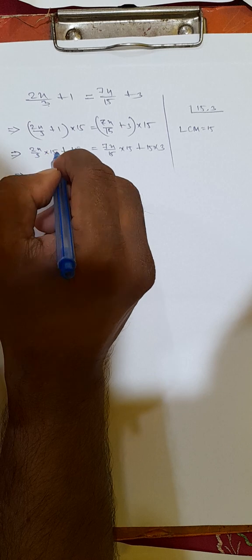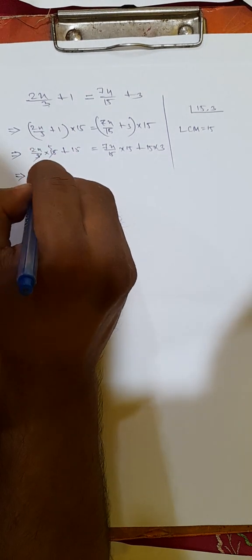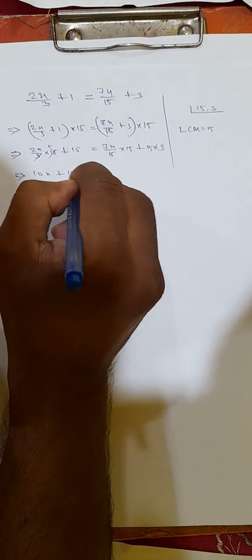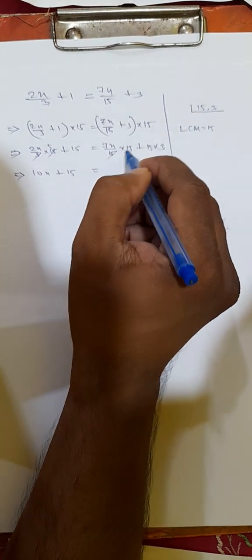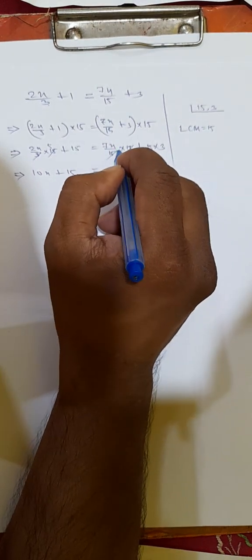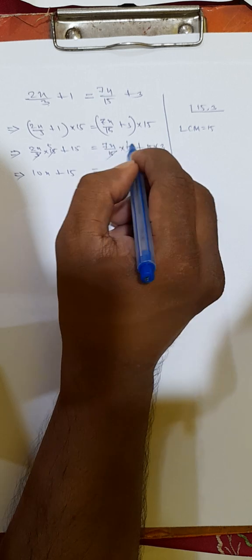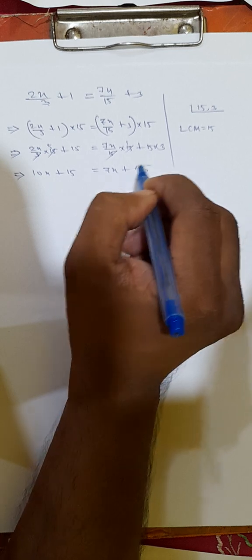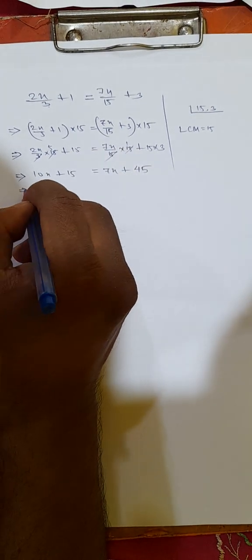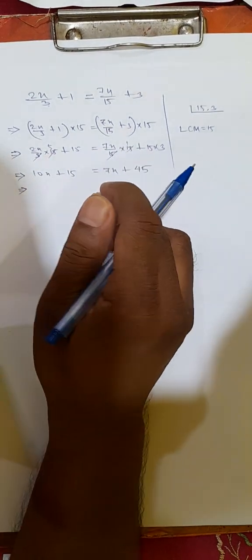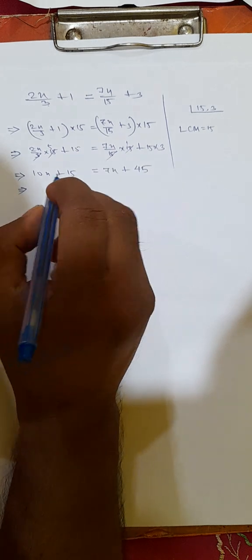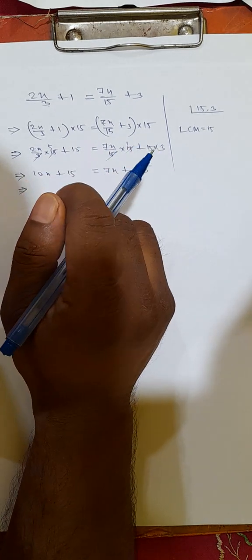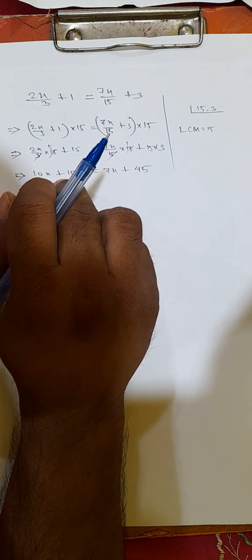Now this 3 and 15 cancel each other. 3 5s are 15, so we got 10x plus 15 equal to, 15 and 15 cancel each other, 7x into 1 is 7x, 15 3s are 45. Now it becomes simpler, right? Now we will transpose the variable part to the left hand side and constants to the right hand side.